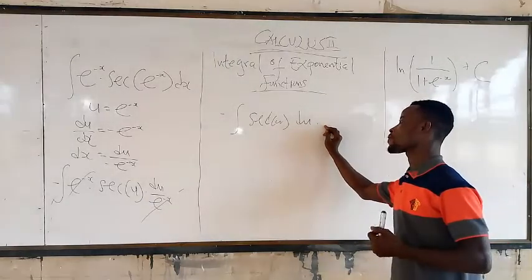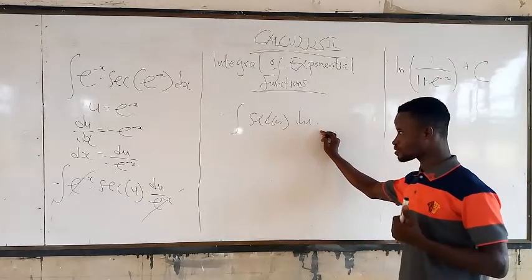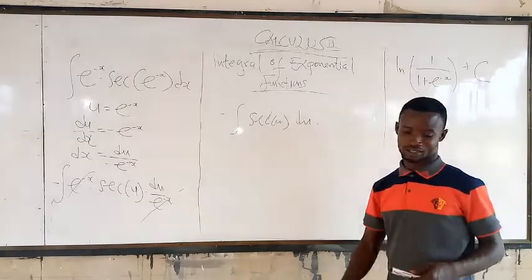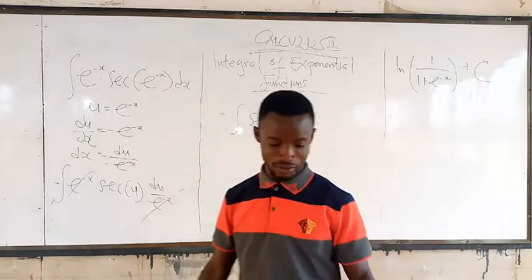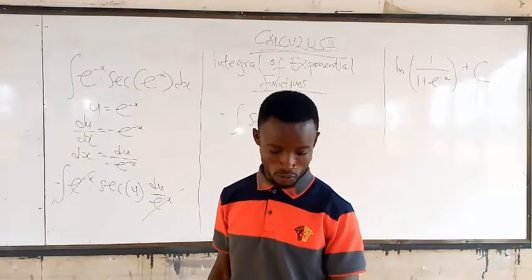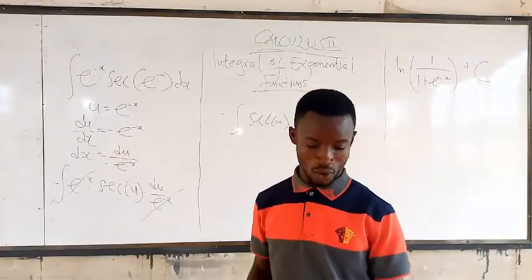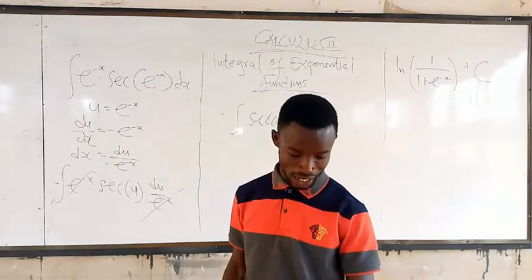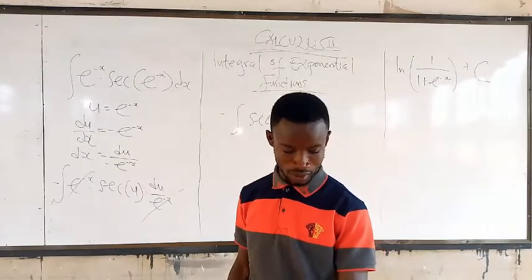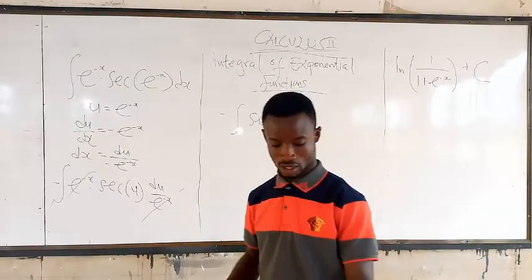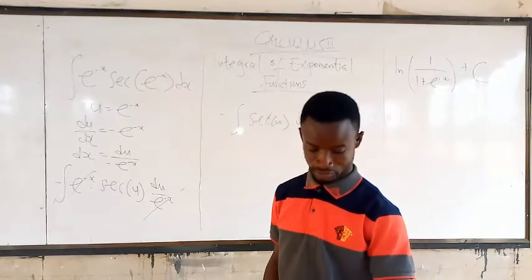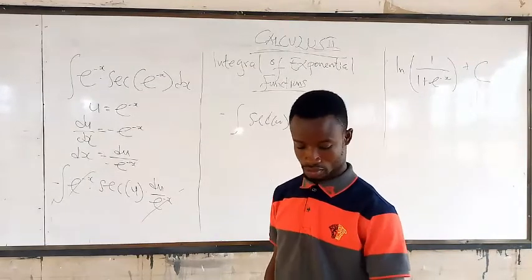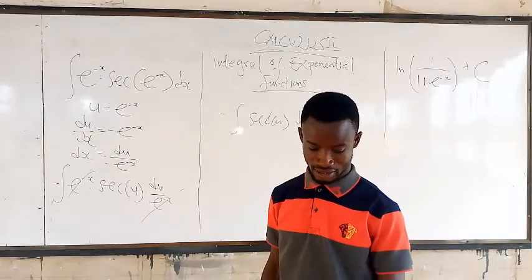So, what is the integral of sec u? If only you have watched the video under integration of natural logarithm, you should be able to tell me that. So what is going to be that? Make sure you write that down.